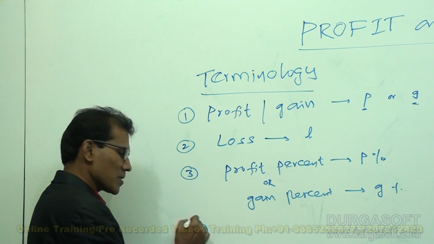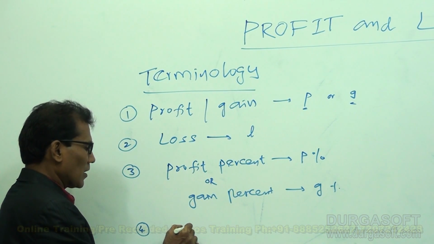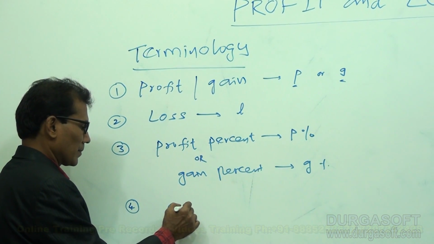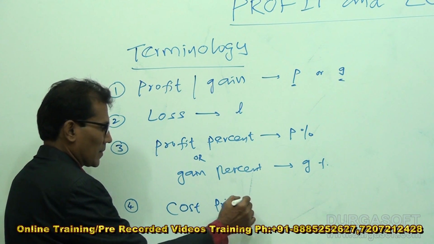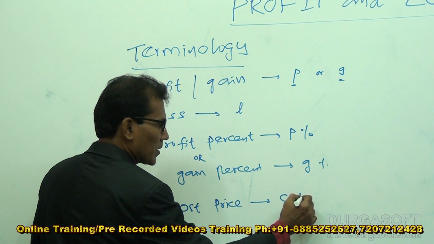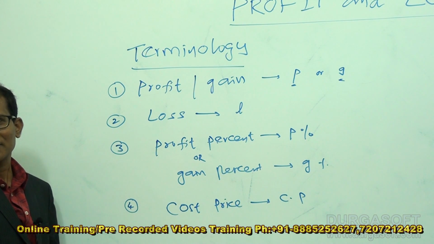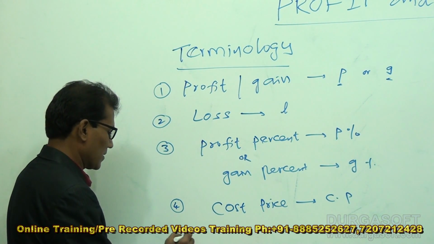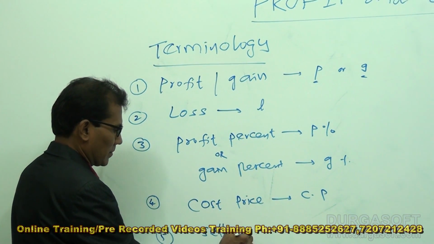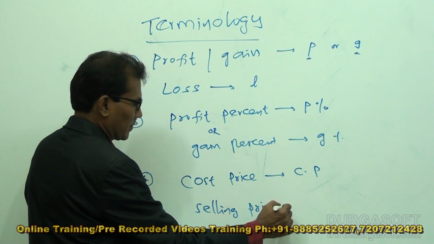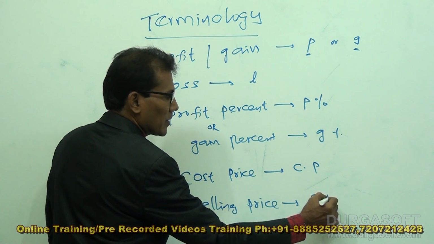And more terms are cost price, denoted by CP. And next, yes, selling price. This is SP.